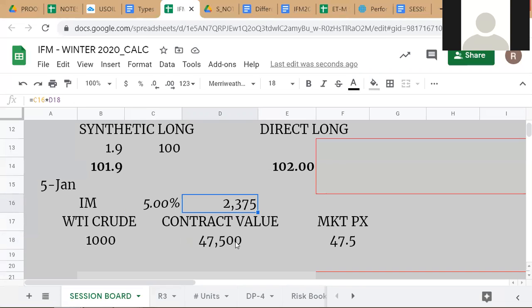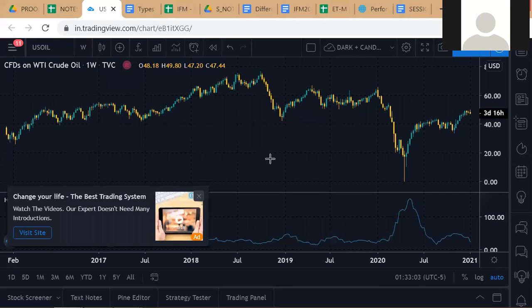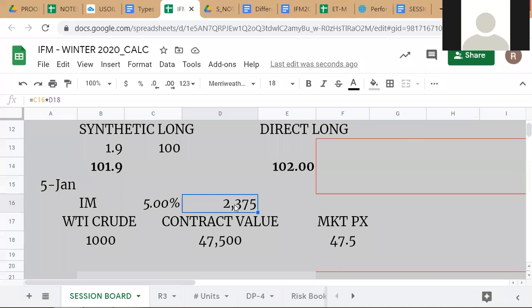Because see, if you go long one contract, your P&L profile is going to be exactly as if you had physically bought the same amount of oil. There's no difference in the P&L calculation, because whether you bought 1,000 barrels at 47.5, or you bought one futures contract by putting up this amount of money, there's no difference in your P&L profile.